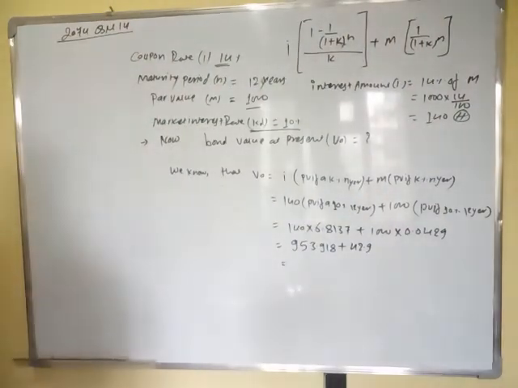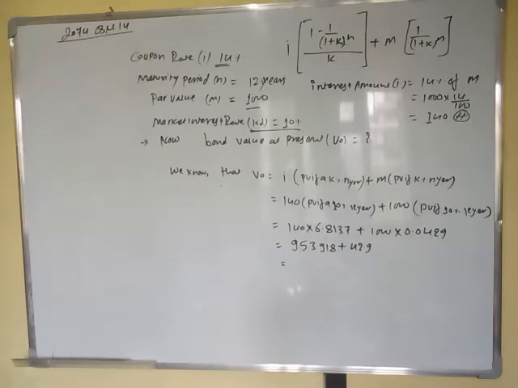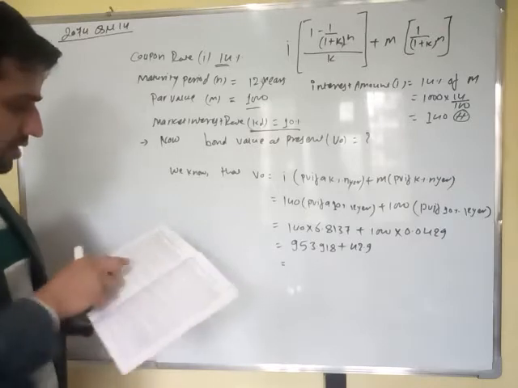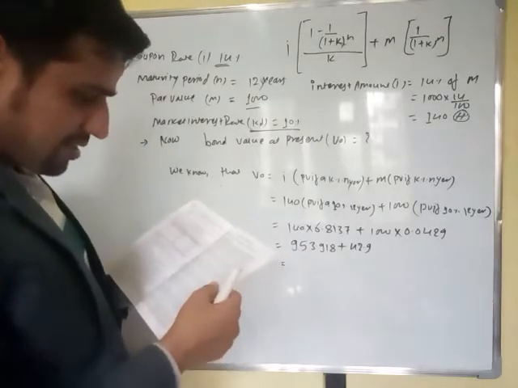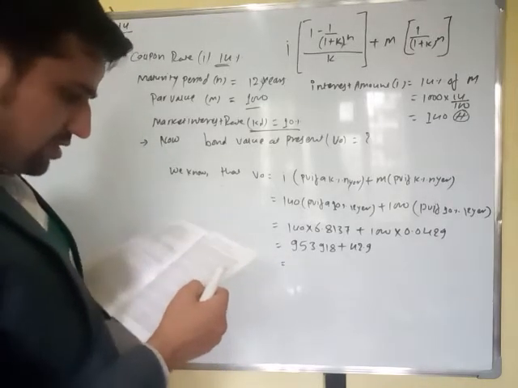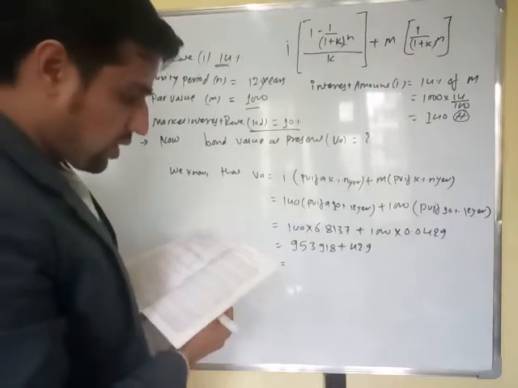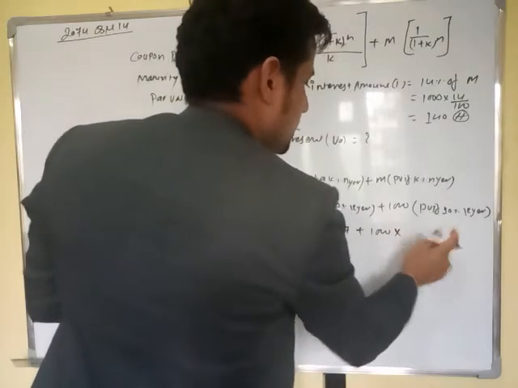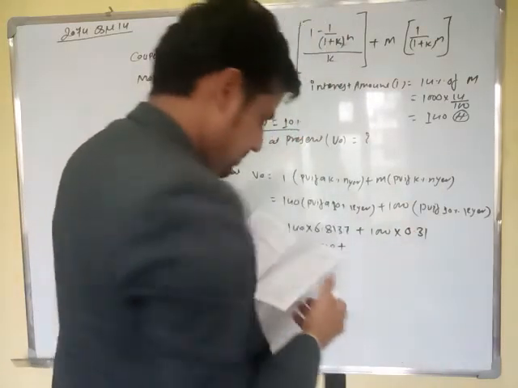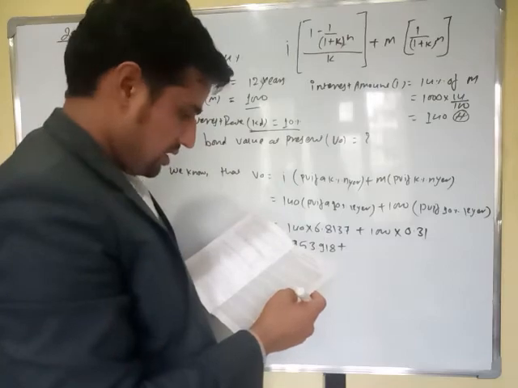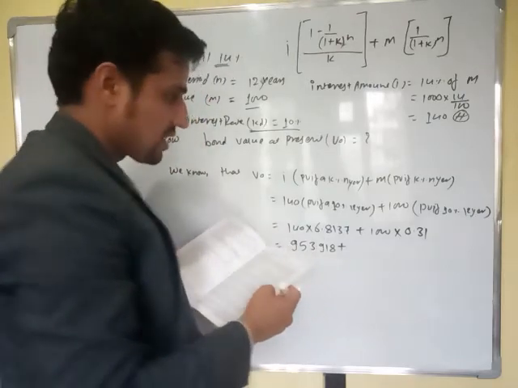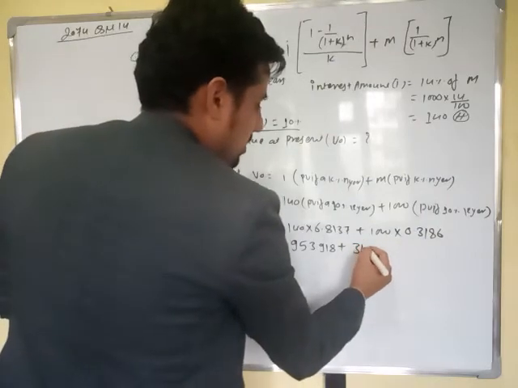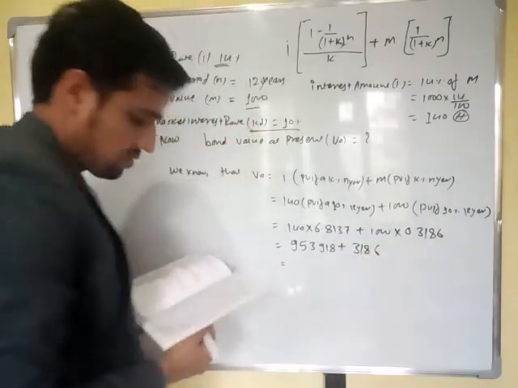That's wrong information right over here. Please change it once again to 0.3186, so 1000 multiplied by 0.3186 is 318.6.